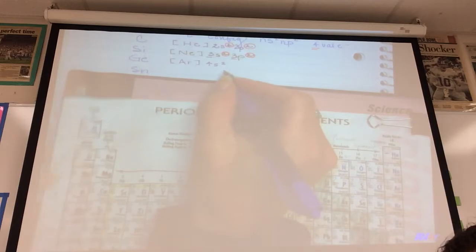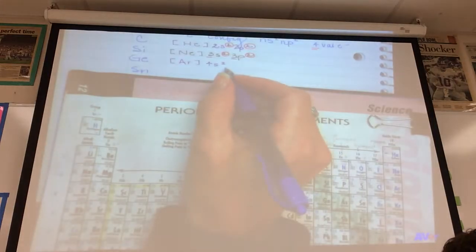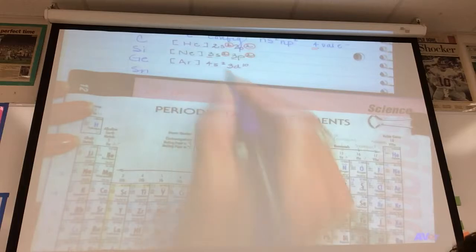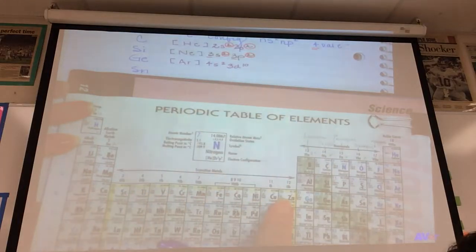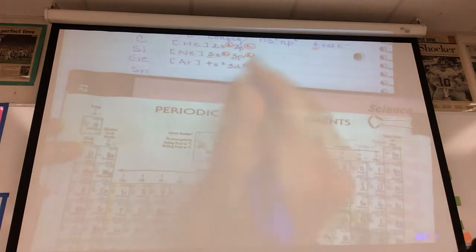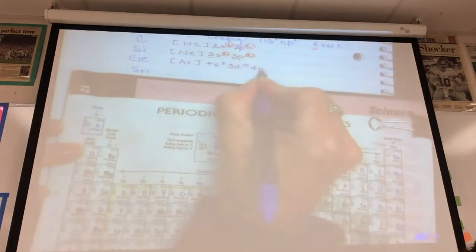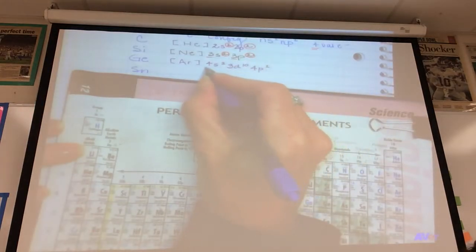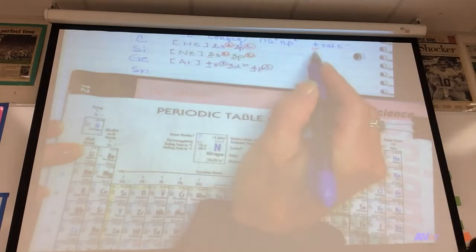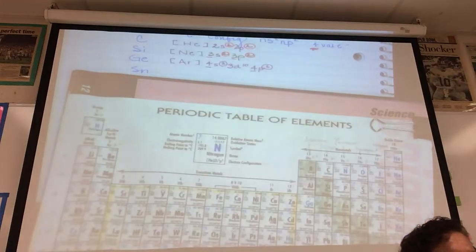The number before D is 1 less than the row you're in. So you have 3D10. Again, the number before D is 1 less than the row you're in. After D, we go back to the row number and P, and we get 4P2. And again, highest value of N, S and P electrons only, 4 valence electrons.